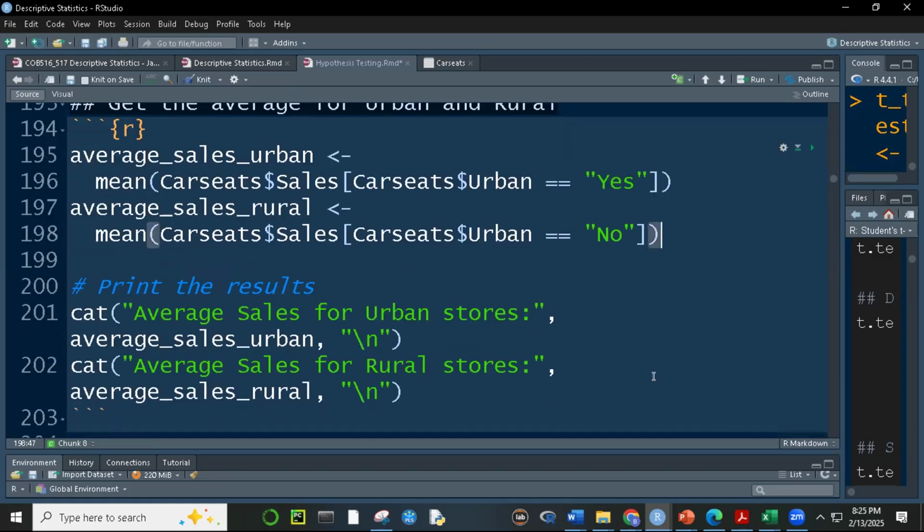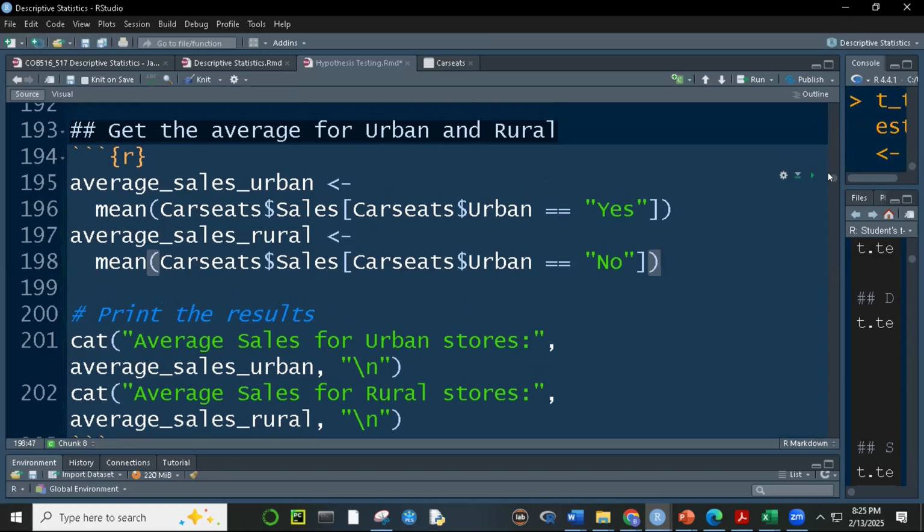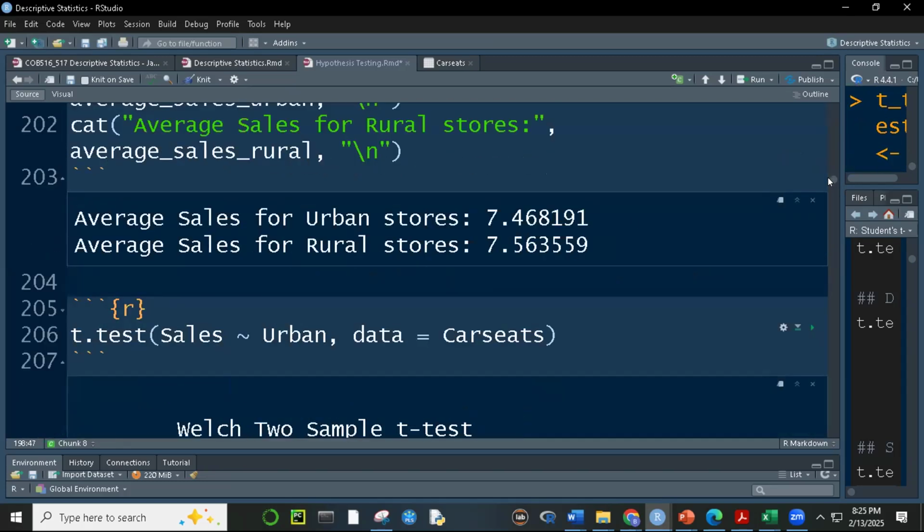And then I think I gave this to you. This is just to print. So the average, put it in quotations, the average sales for urban stores, then it will print the average sales of urban, which is this one. So let me print this now, and you should be able to get this. Average sales for urban stores, 7.4.